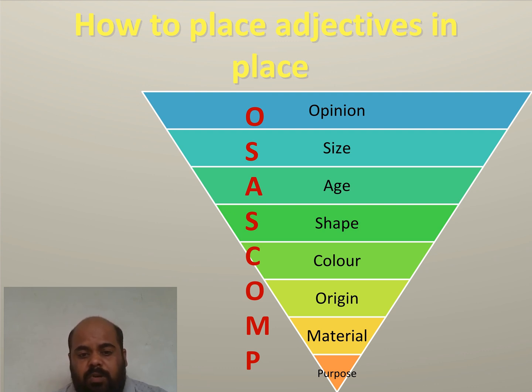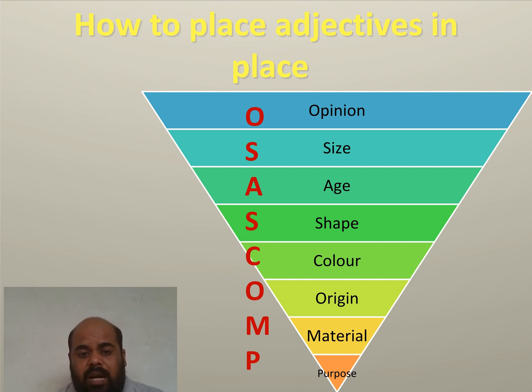The short form OSASCOMP means: O stands for opinion, S stands for size, A stands for age, S again stands for shape, C stands for color, O stands for origin, M stands for material, and P stands for purpose. So in this order we will place the adjectives.